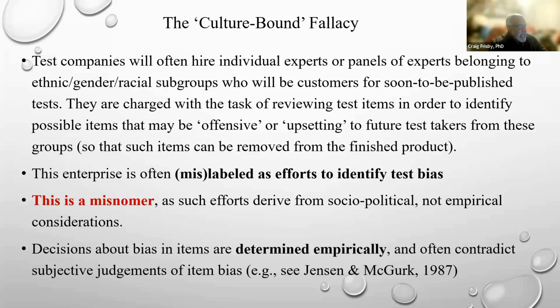There is a category of bias that basically says that you can determine bias in a test by just looking at the items.